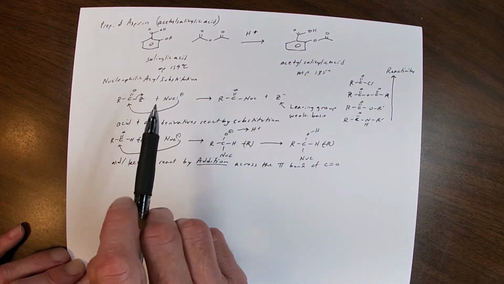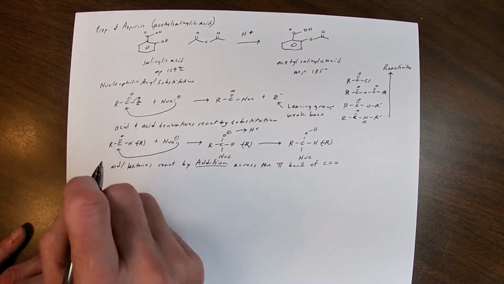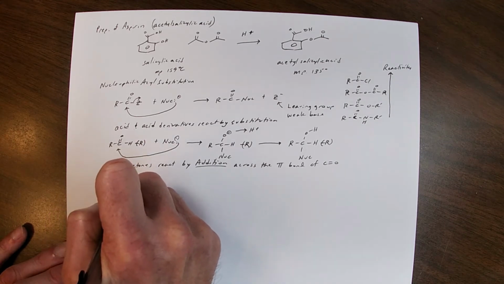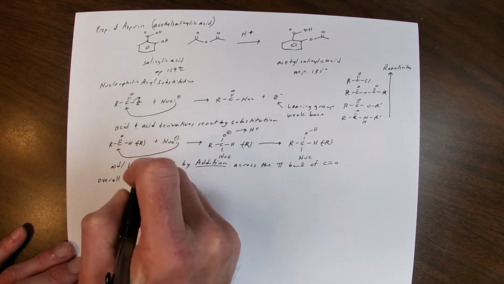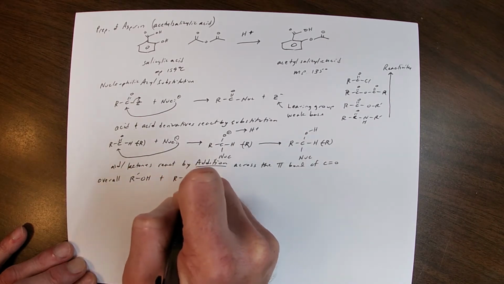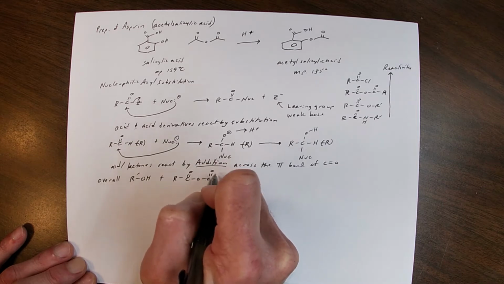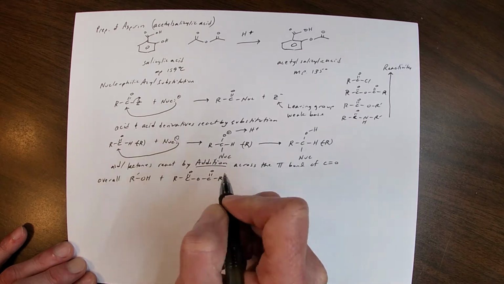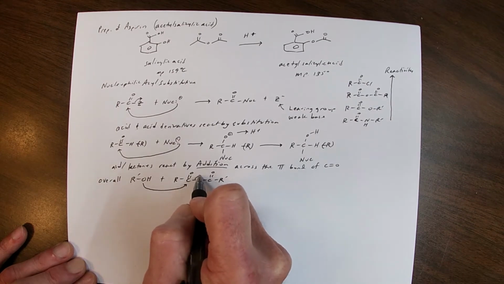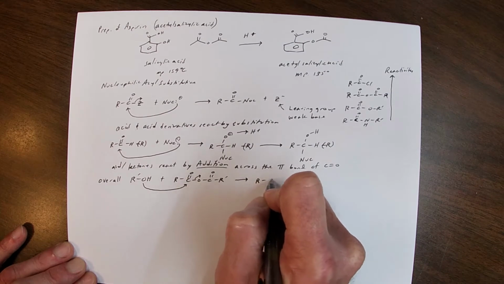So the overall reaction is to take an alcohol and the anhydride and make the ester. So again, the overall reaction here generically is to take an alcohol plus our anhydride. And again, what we're going to do here is substitution. And our leaving group is going to be this carboxylate as a byproduct.